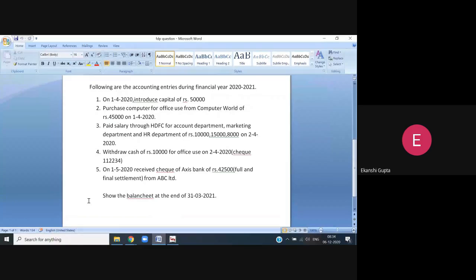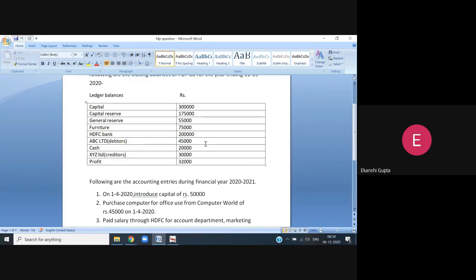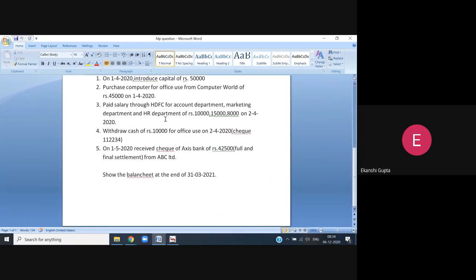Last entry on 1st May 2020: received a cheque of Axis Bank of rupees 42,500 with full and final settlement from ABC Limited. ABC Limited was our debtor whose opening balance was 45,000. So I'm settling them with 42,500, which means I have given a discount to them.